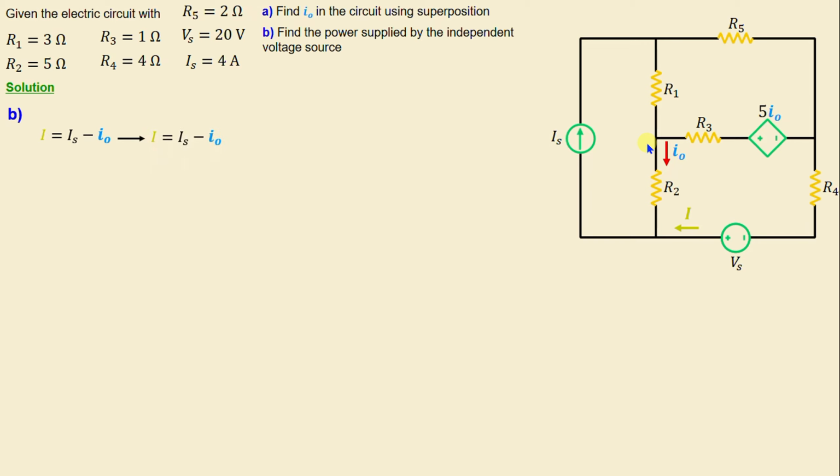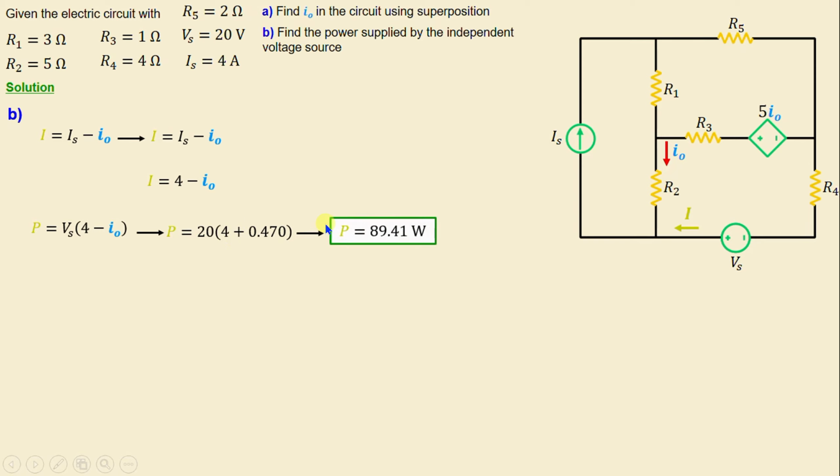We already found IO and we know Is. That means the power supplied by the independent source P is equal to Vs times (4 minus IO). If we replace IO with its numerical value, we obtain P is equal to 89.41 watts.